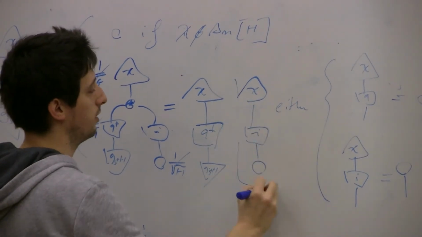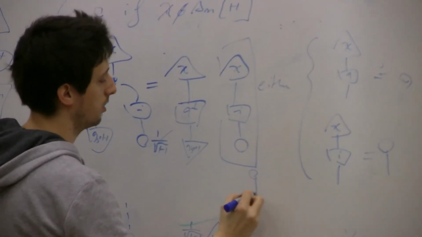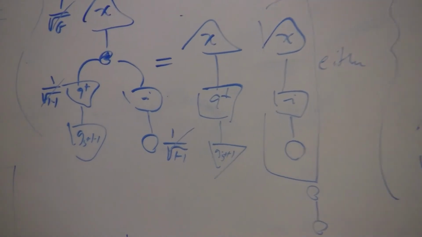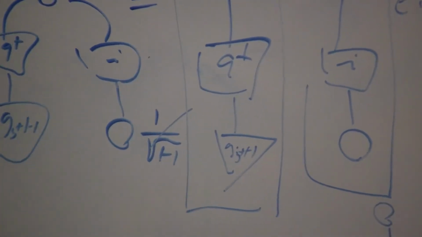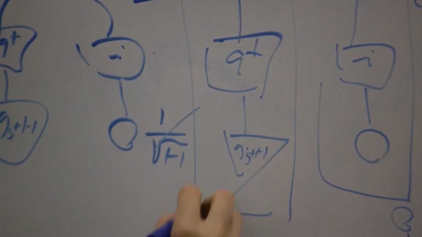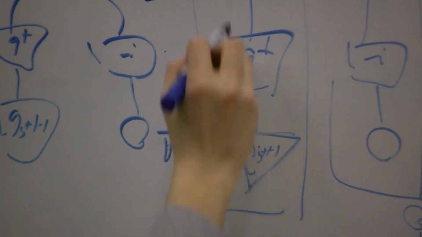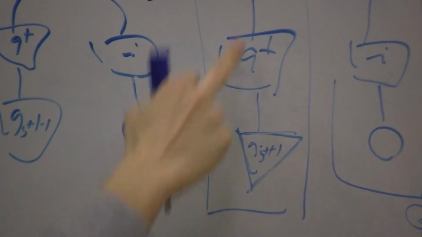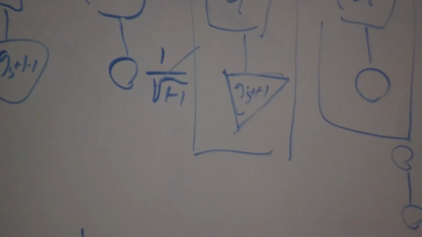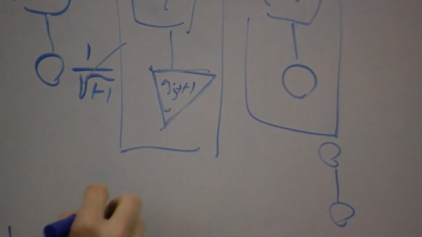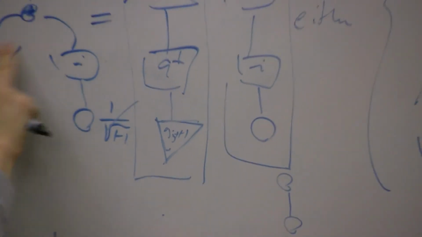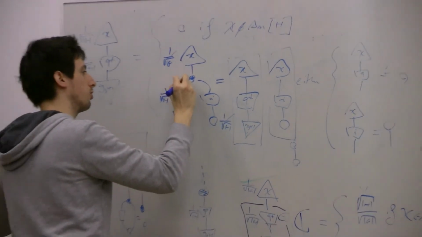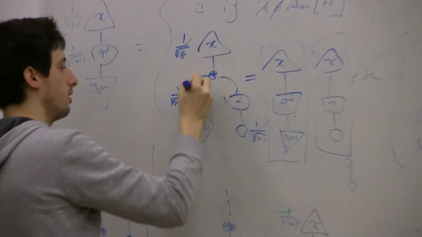Now I know that this one is simply this. And I know that this one will be this state mapped onto some superposition state, but ultimately that will be unbiased. So in particular, I can write this, and this is also correct.